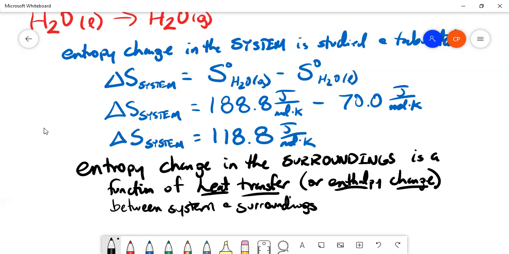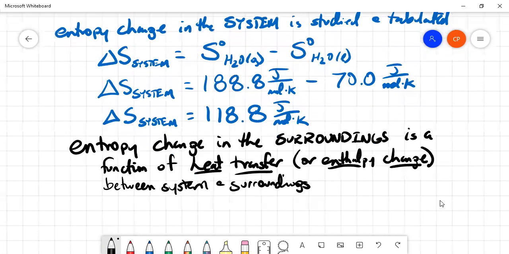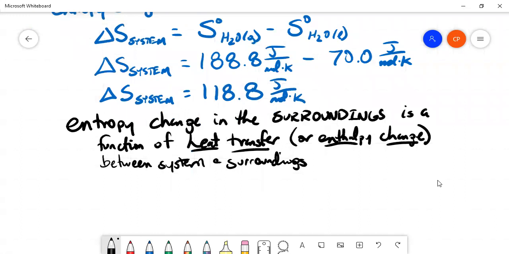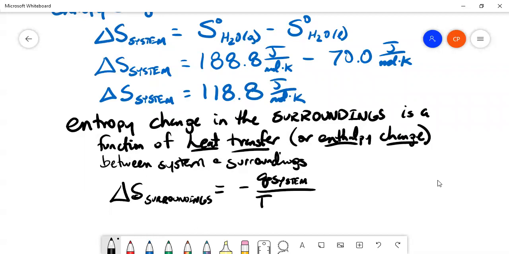The entropy change in the surroundings is a function of heat transfer, or alternately, a function of enthalpy change between the system and the surroundings. What I'm going to need to do is find the heat transferred into or out of the system at the temperature of the surroundings.